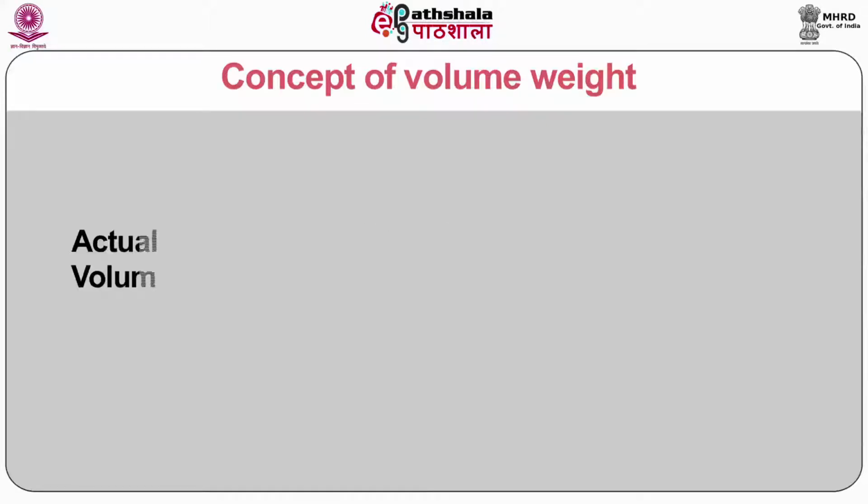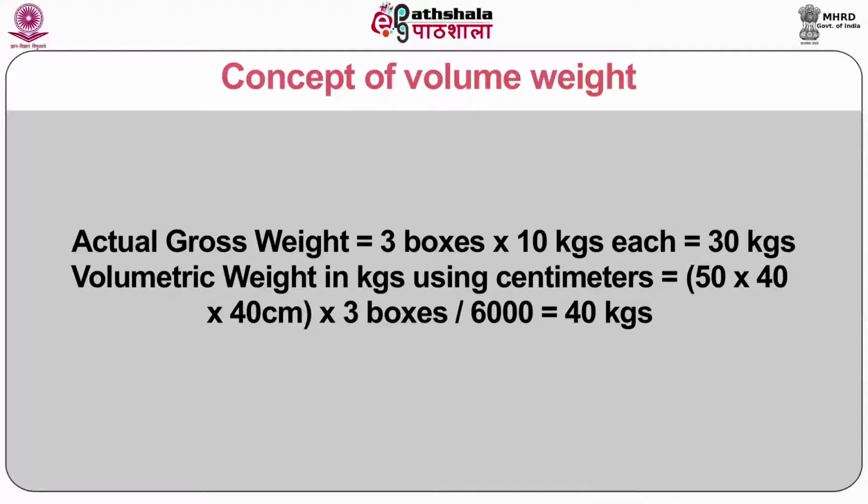Solution. Actual gross weight equals 3 boxes into 10 kgs, equal to 30 kg. Volumetric weight in kgs using centimeters equals 50 into 40 into 40 centimeters into 3 boxes divided by 6000, equal to 40 kg.